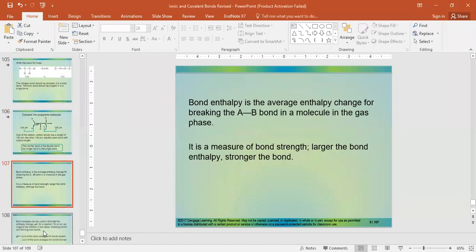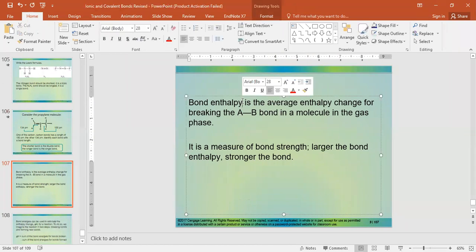Now, then there's something we call bond enthalpy. This is the enthalpy change for breaking the bond in a molecule in the gas phase. We actually also call it the bond energy. How much energy is required to break a bond?